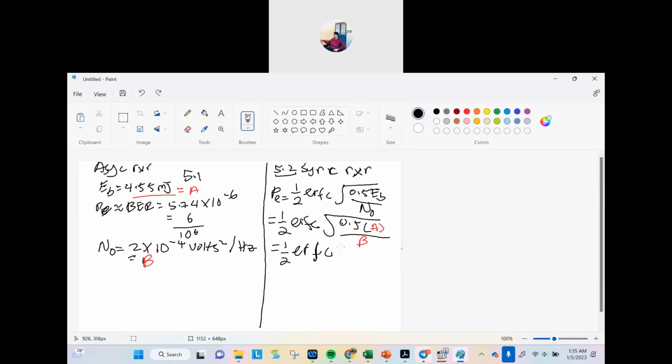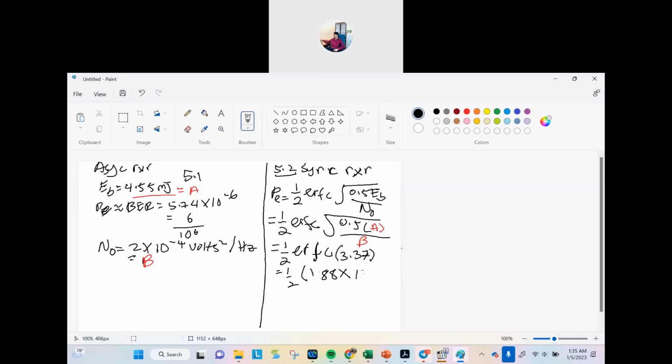This 3.37, you refer to the error function table. So what do you get for the error function of 3.37? It is around 1.88. Sorry, I don't have the appendix with me.